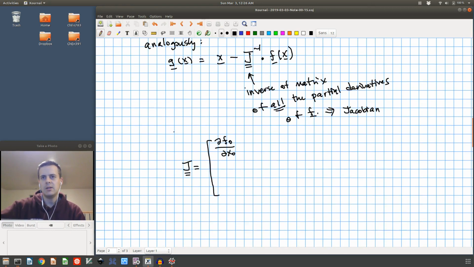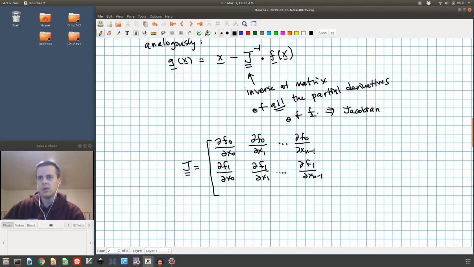So I'm going to take df0 dx0, and then the next part of the matrix is df0 dx1, all the way to df0 dx n minus 1. So I took the derivative of the first equation with respect to each component, all the way across. The next row is df1 dx0, df1 dx1, all the way to df1 dx n minus 1.